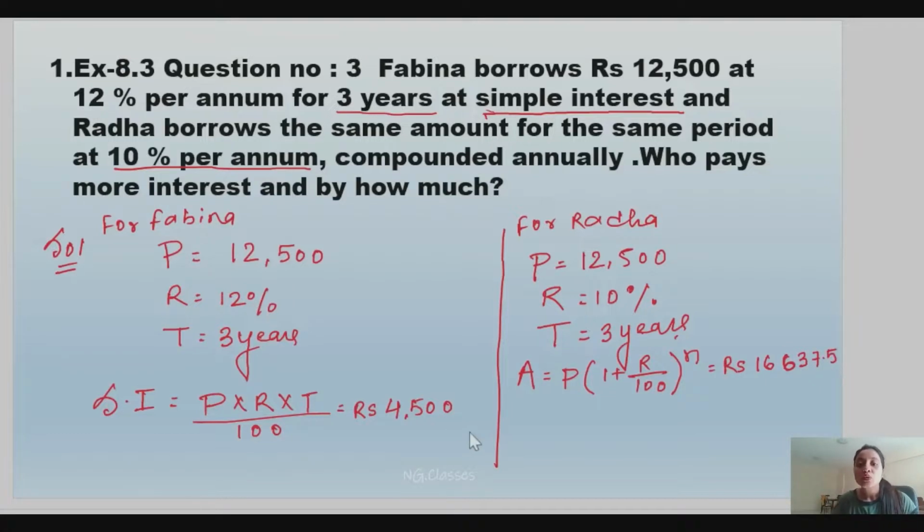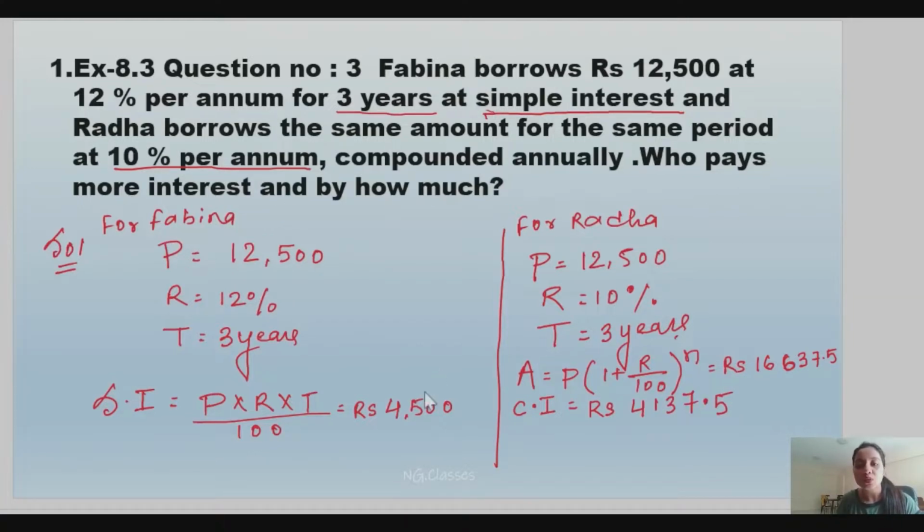Okay, now this is the amount we got. Compound interest will be amount minus principal. So subtract principal from the 16,637.5. So our compound interest will be 4,137.5.